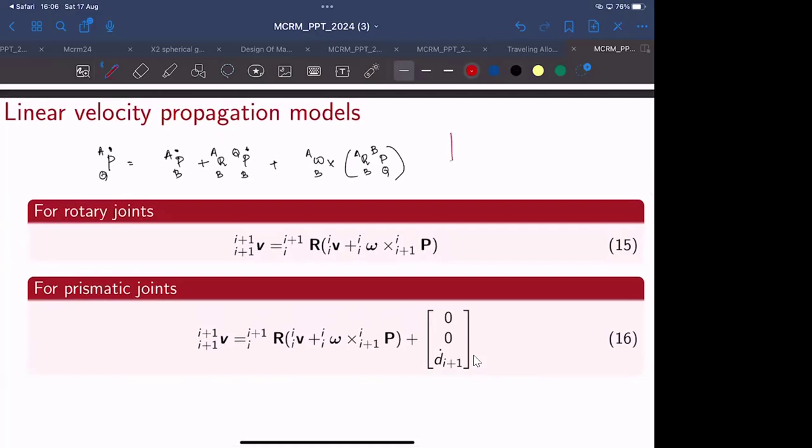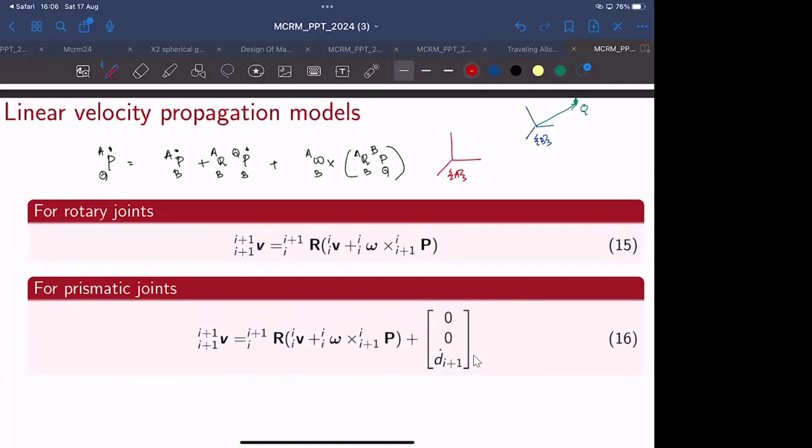We have one frame of reference called A, we have another frame of reference called B, and we have a distinct point, we call this Q, right?